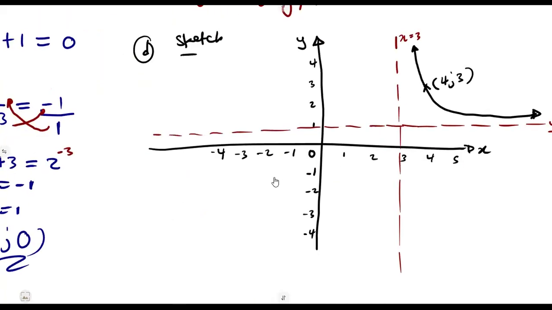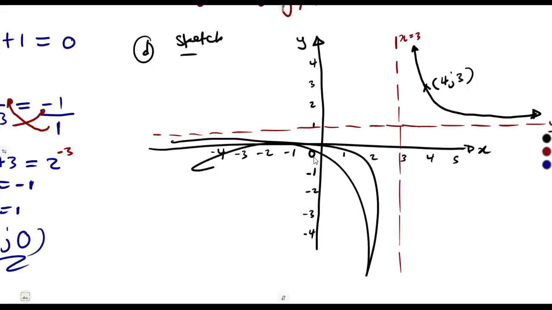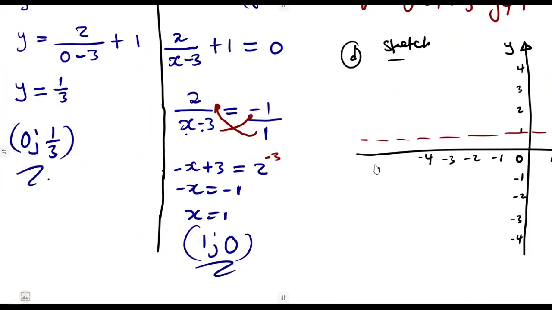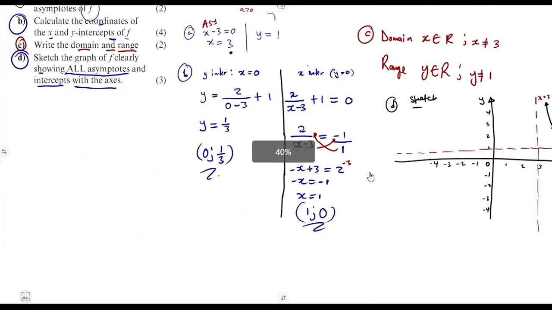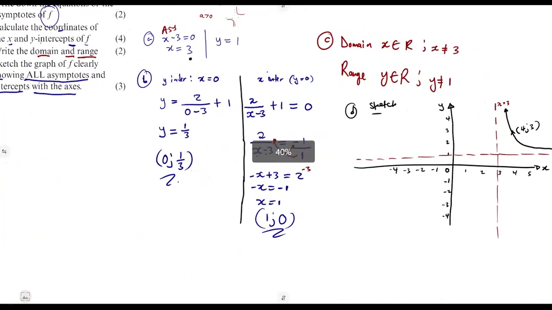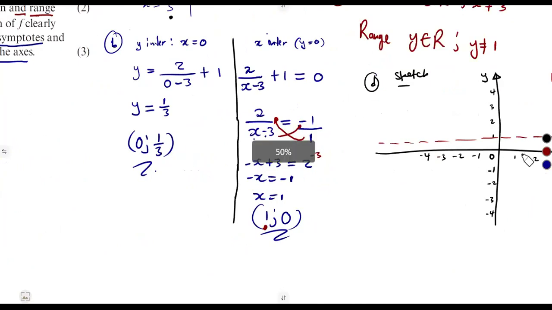Let's check the other side. On the other side, we can have a shape, but it will be limited to the x-intercept and the y-intercept. Meaning those intercepts are going to play a role. What was our x-intercept? Let's check from our graph. Our x-intercept was 1, 0, meaning it passes on the x-axis at 1.